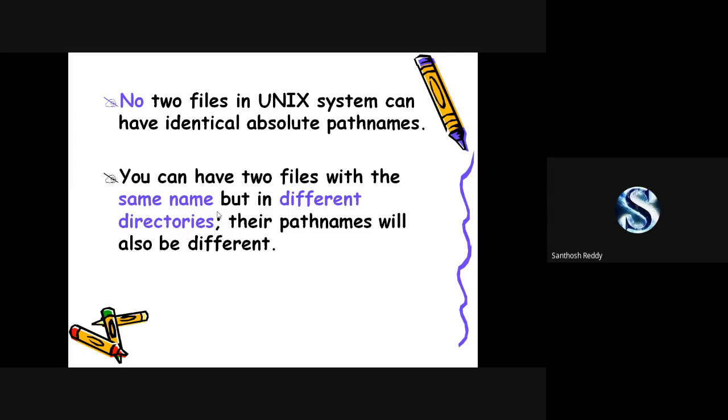Yes, same name should not be contained. Both files should not have the same name and be present in the same directory. Opposite to that, you can have two files with the same name, but they should be in different directories.